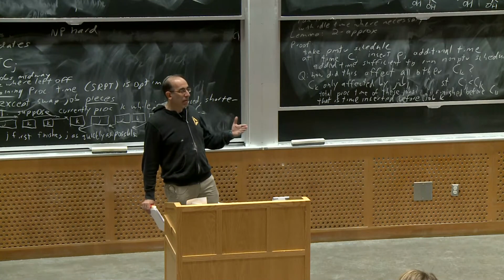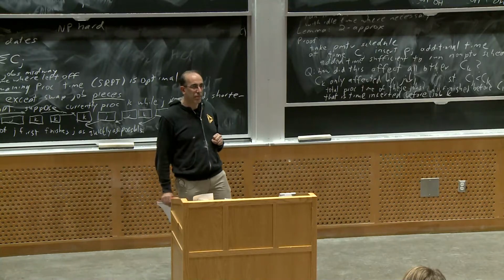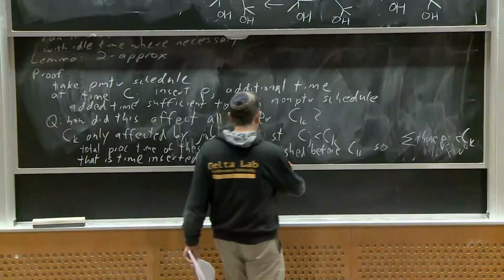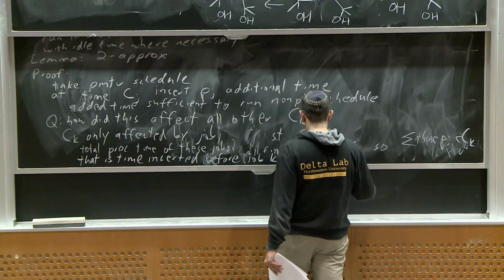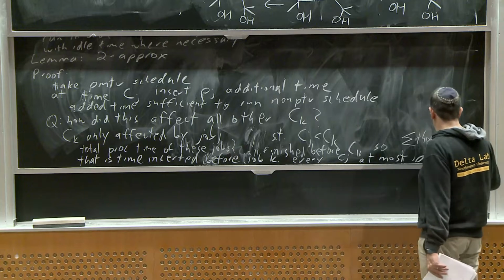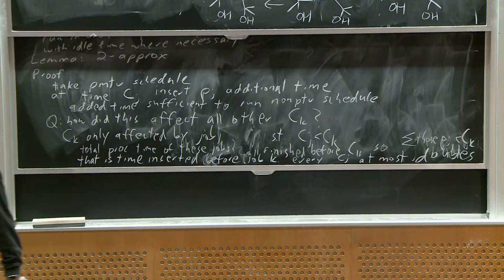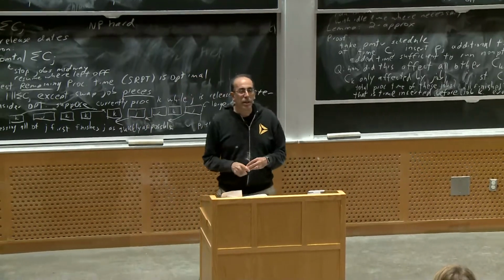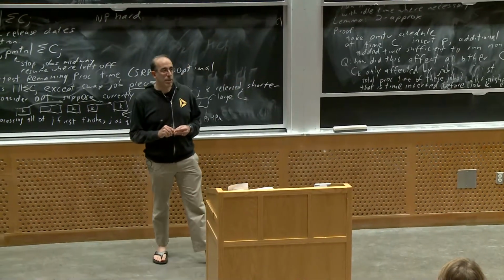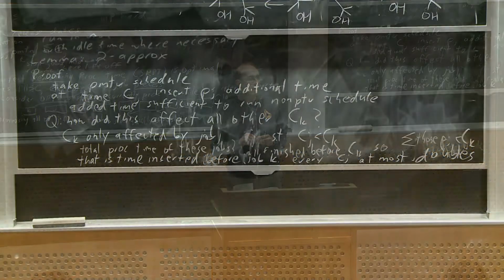And that means that every completion time at most doubles, thanks to my insertion of extra time. And that's the end of the story, right? This beautiful and simple rounding technique gives us a 2-approximation for 1 | rj | sum Cj. Is that clear? Any questions?